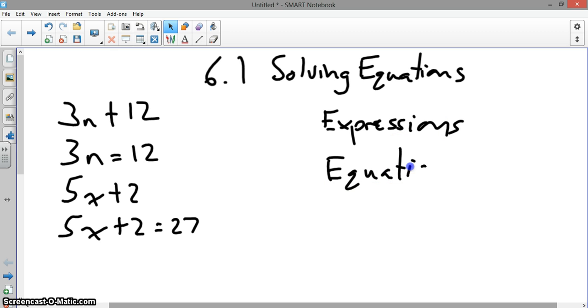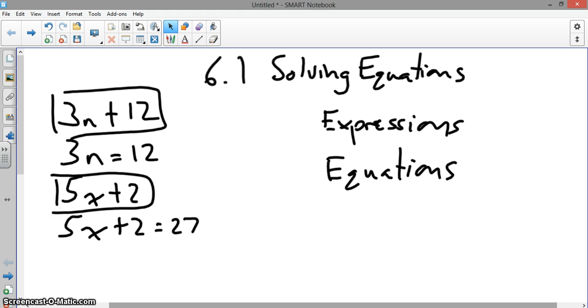What is the difference? Well, I have several examples right here, and each one is something different. So, what is an expression? Well, I'll tell you this much. This is an expression, and this one's an expression. The other two are equations. Do you see the difference? Look closely.